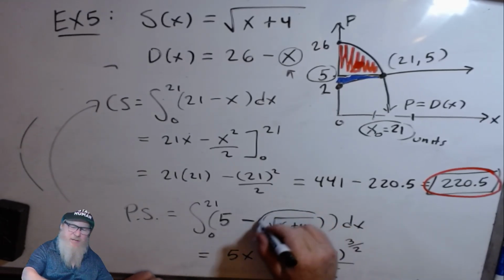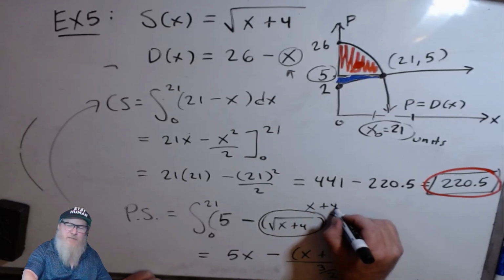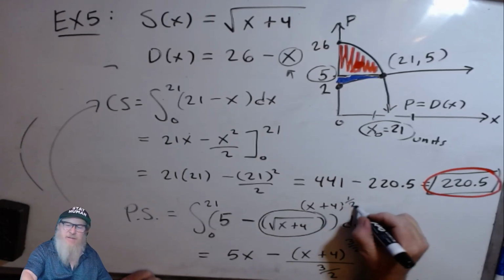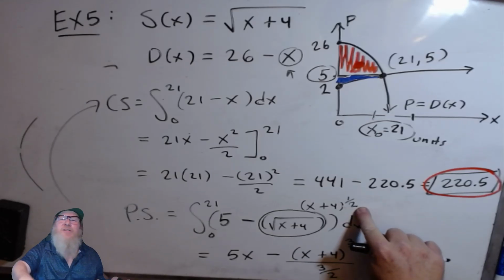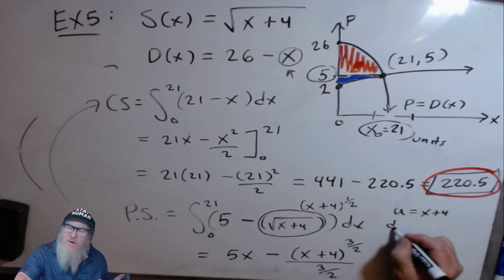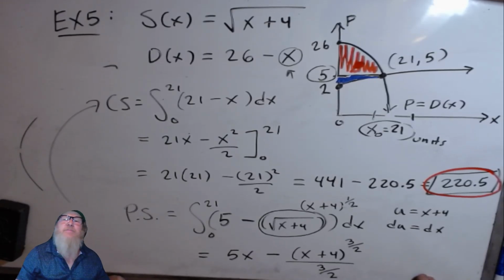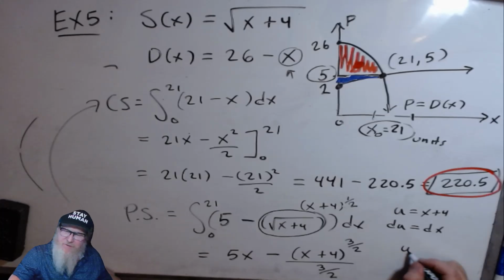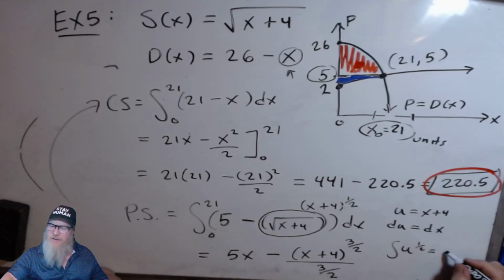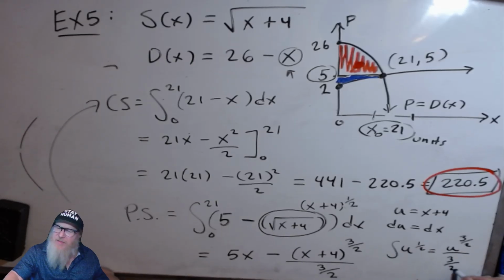Remember the antiderivative of a square root? It's like x plus 4 to the 1/2. I am supposed to do a u substitution. U is x plus 4, and du is just dx. So if I have u to the 1/2, the antiderivative is u to the 3/2 divided by 3/2.